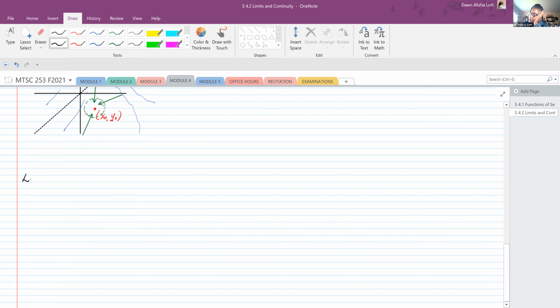So let z equal f of x, y be a function such that f picks up something in R2 and takes it to R. Okay?